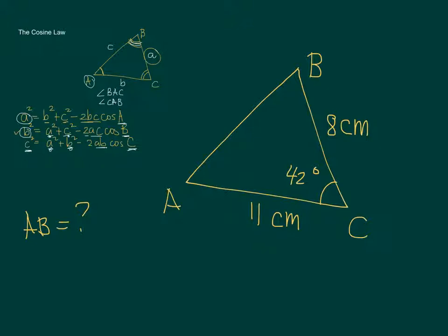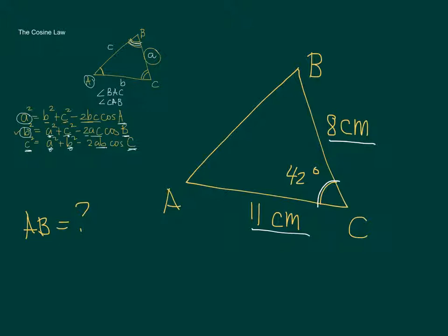So we have the side AC as 11 centimeters. We have the side BC with 8 centimeters, and the angle in between is 42 degrees. Now, for us to know if we can use the cosine law, you have to check this. You can always use the cosine law if the given information has two sides and an angle in between those sides.